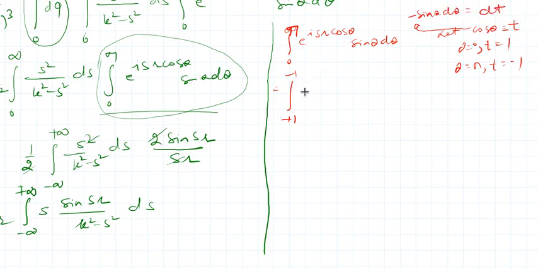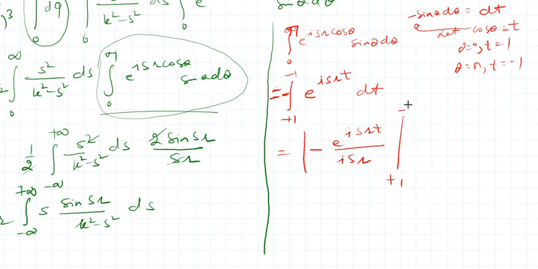So putting all these here, e raised to power iota srt into dt with a negative sign, and if I solve this integral, it comes out to be e raised to power iota srt over iota sr, and the limit varies from plus 1 to minus 1.